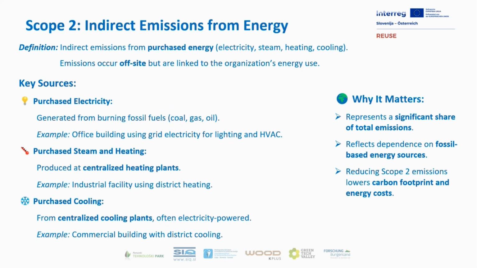So the main sources of Scope 2 emissions are, first, purchased electricity. This is the most common source of Scope 2 emissions, and it is usually generated by burning fossil fuels like coal, natural gas, or oil to produce electricity that's then delivered to the organization via the power grid.